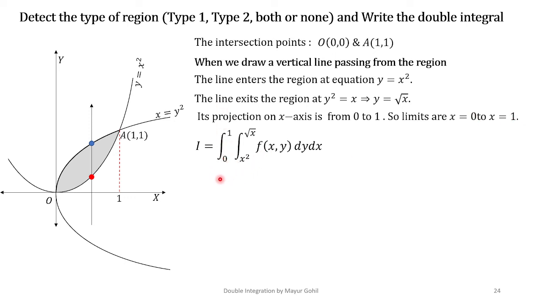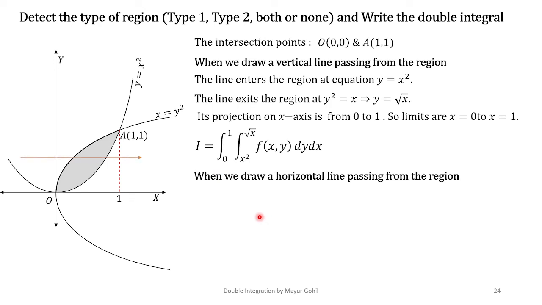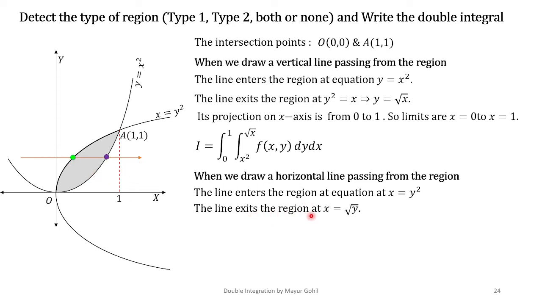Now let us see what happens if we draw a horizontal line. When we draw a horizontal line passing across the region, the line enters the region at x equals y square, the green dot, and it is going to exit the region at x equals square root of y. How have I written it as a square root of y?